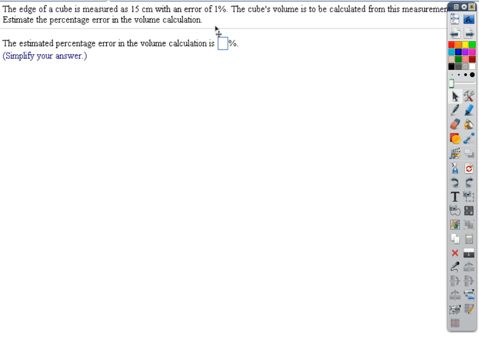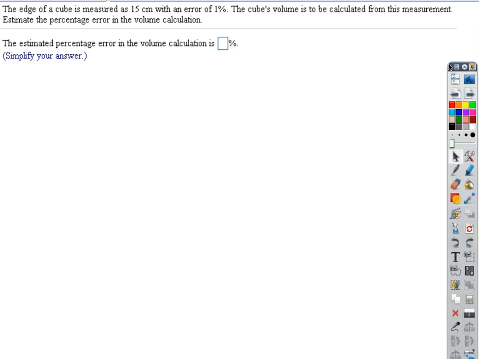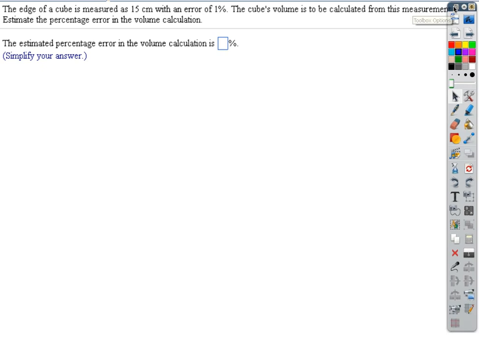Okay, so there's a couple ways we could go about this. We could turn that into a number, right? So we know that x equals 15 centimeters plus or minus how much if it's 1%? Yeah, 0.01 of that, right? 1% of 15 would be 0.15. You gotta multiply 15 times 0.01, so we move it over, 0.15, plus or minus 0.15 centimeters.